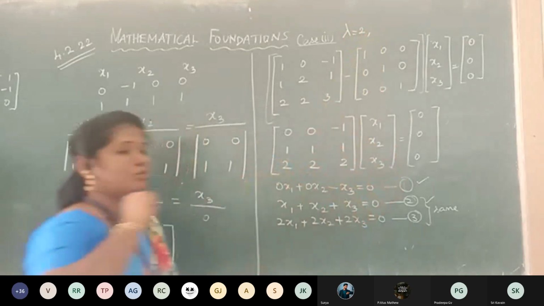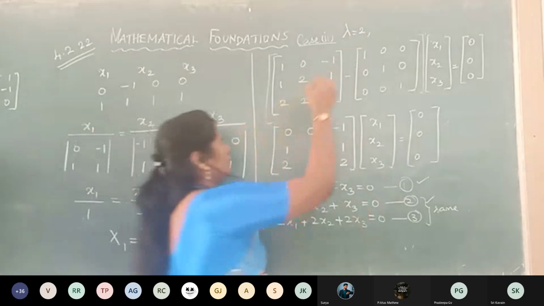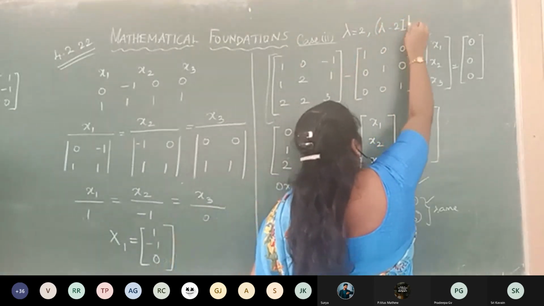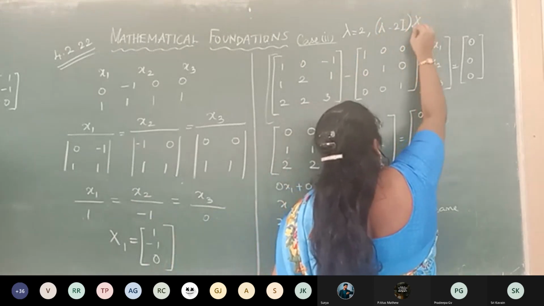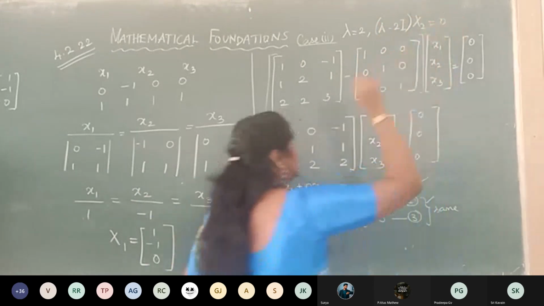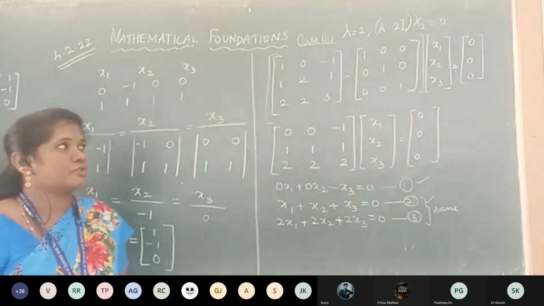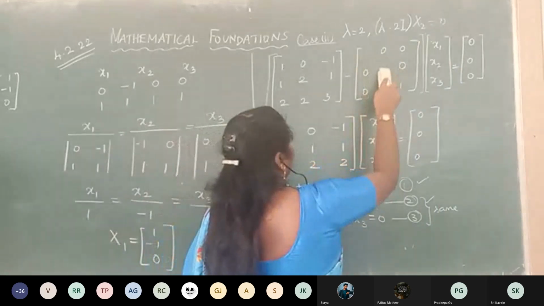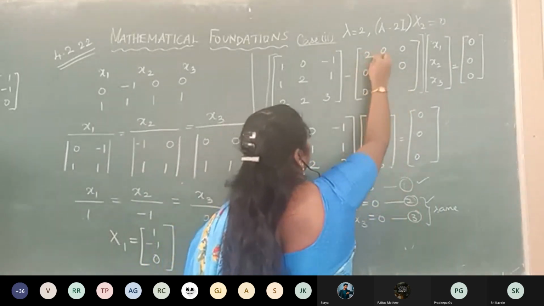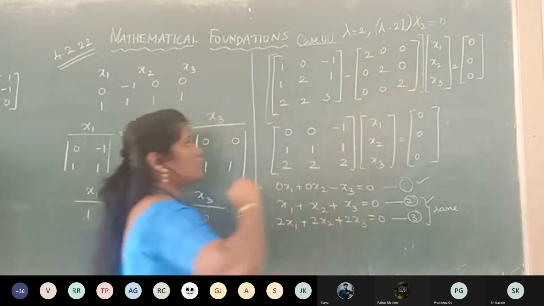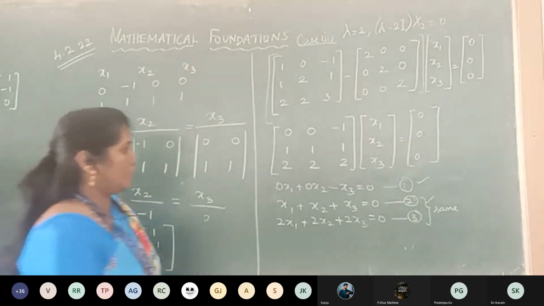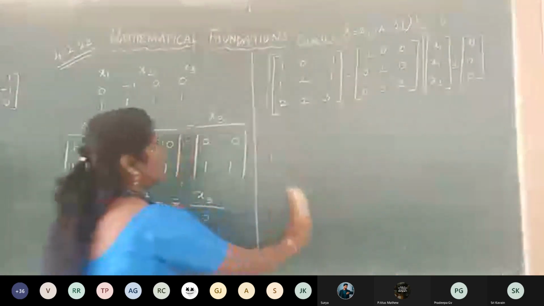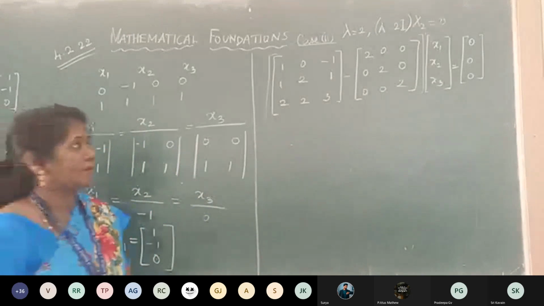For lambda equal to 2, your equation will be (A minus 2I) into your x2 is equal to 0. Here also the vector is x1, x2, x3, but here the value will become 2 into your identity matrix.